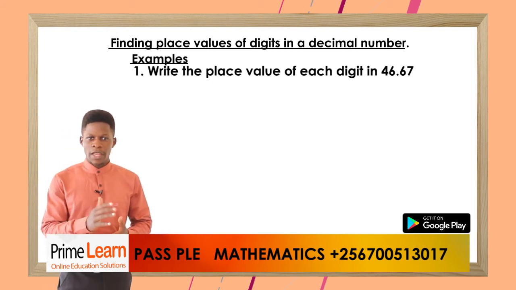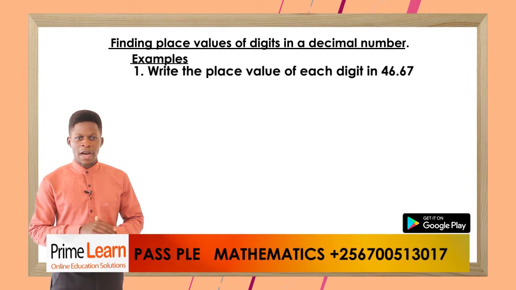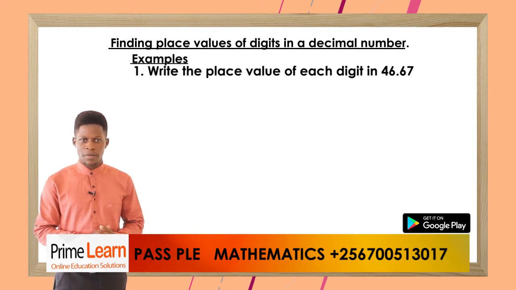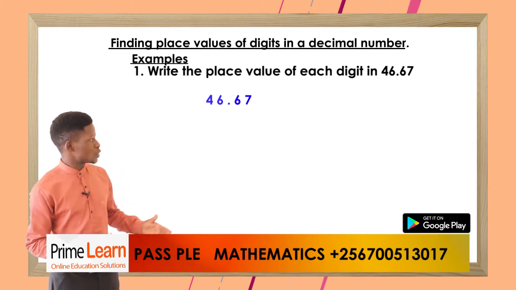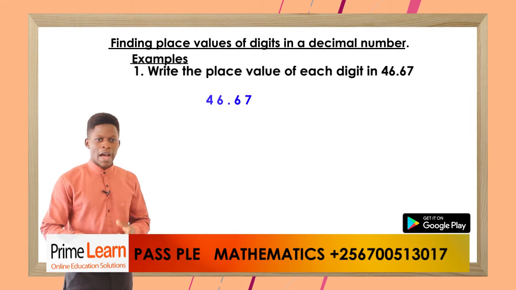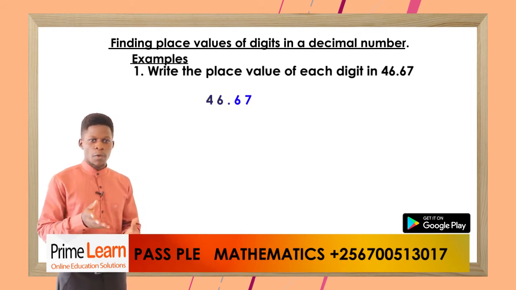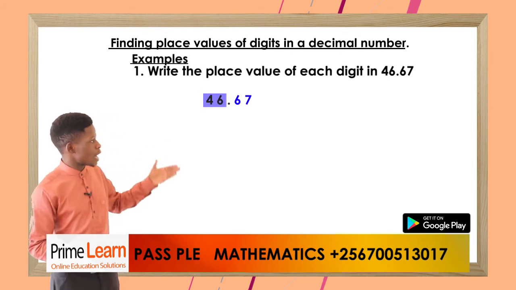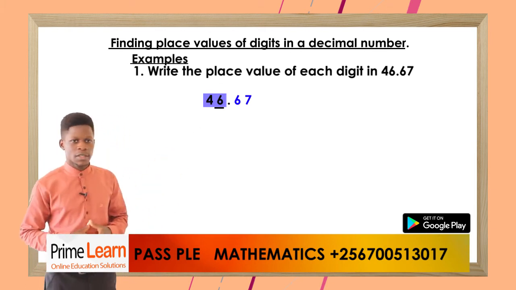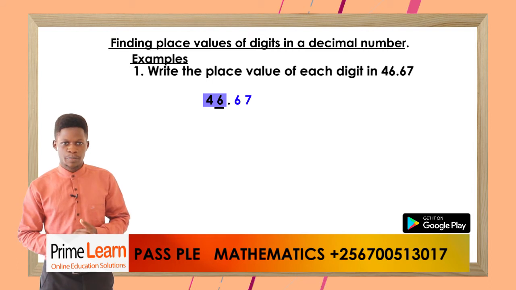We are given this number, and remember I have just told you that we have to first write the number again. We get it from the question. So it is 46.67. And we are going to first work out the whole number part, which is having digit 4 and digit 6. That 6, you can see that first one in the whole number part.